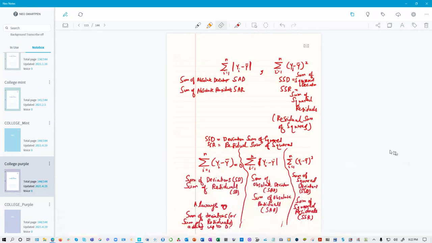So this one, sum of squared, there should be an R here. Sum of squared residual, okay? Or sum of squared error, okay? See, this is the way you can remedy that one.